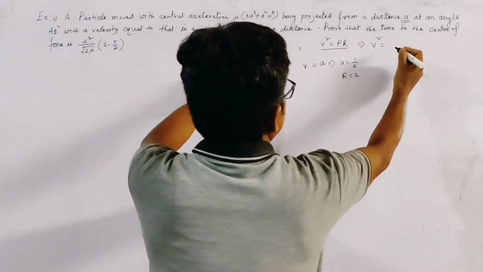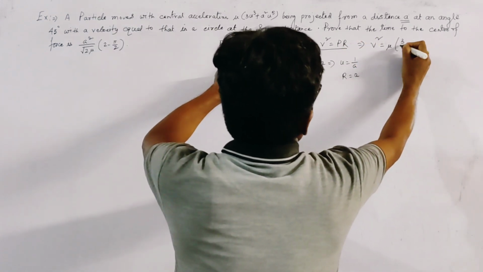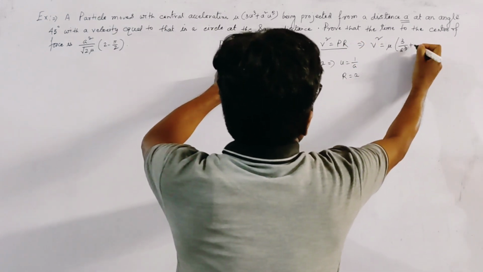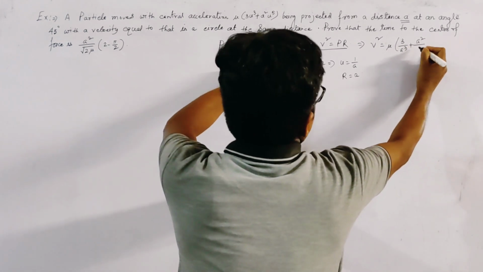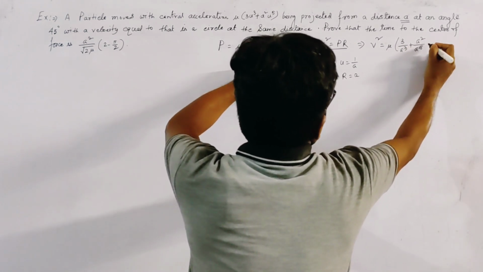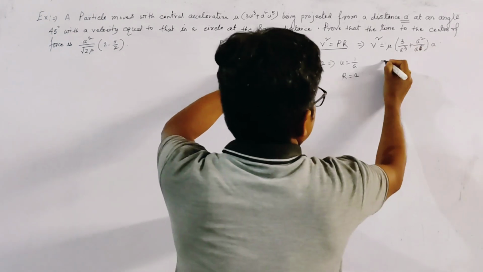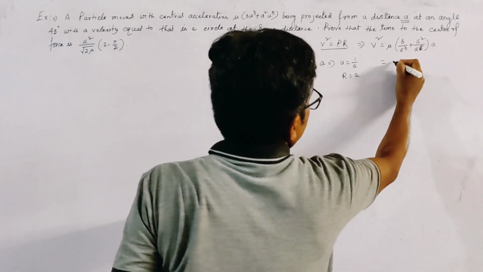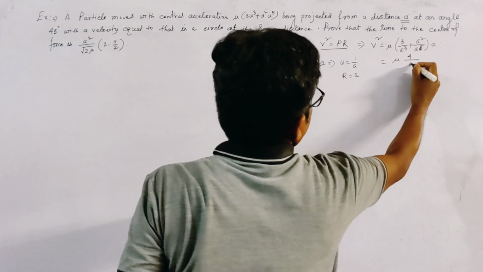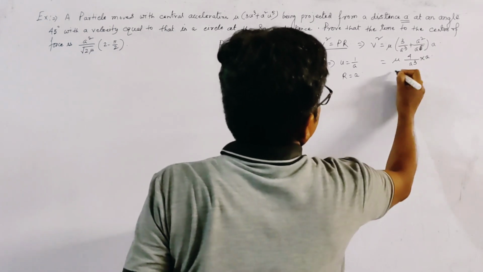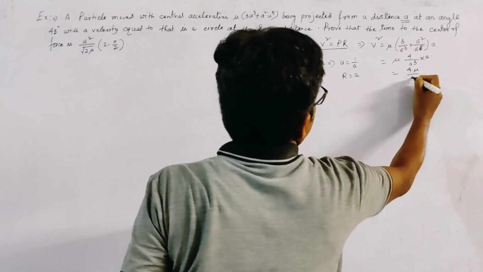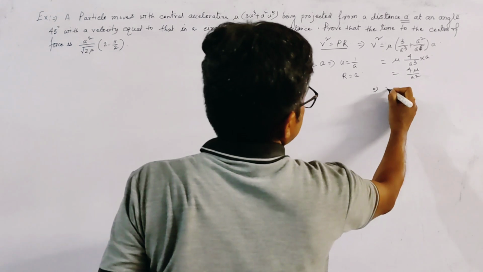So we get mu into (3 by a cube plus a square by a to the power 5) into a, and this gives mu into 4 by a cube into a, that is 4 mu by a square, that is v square.